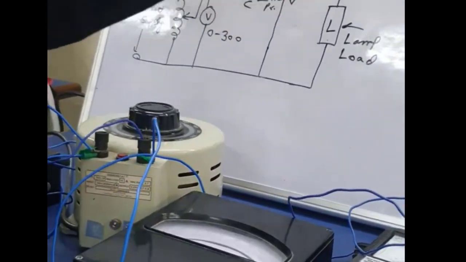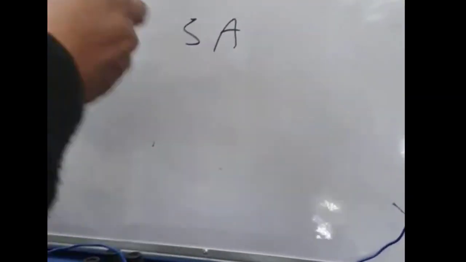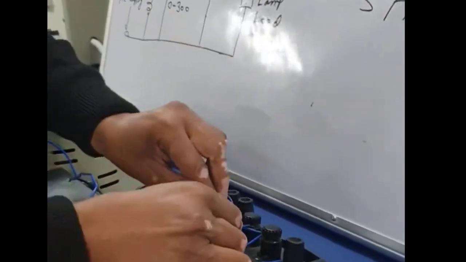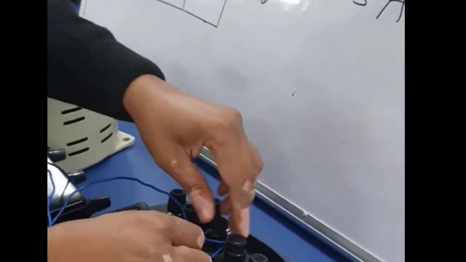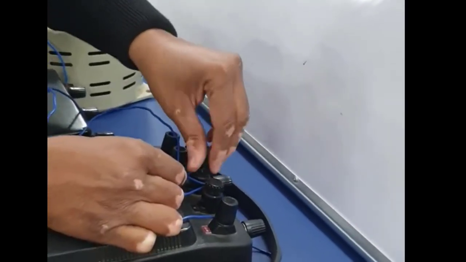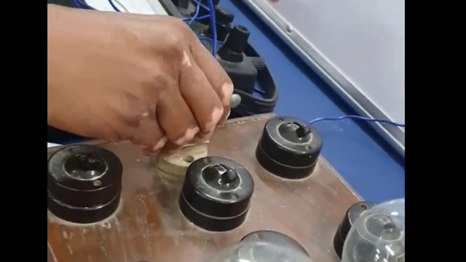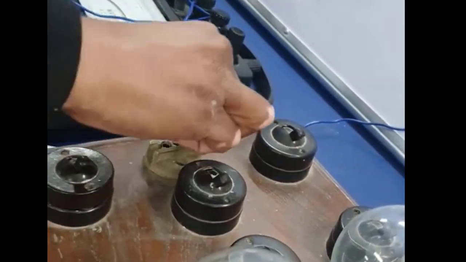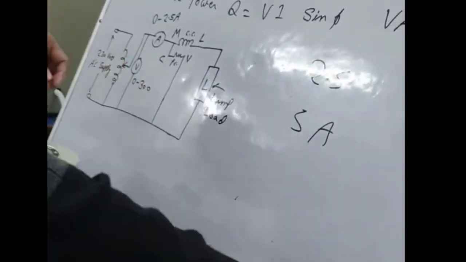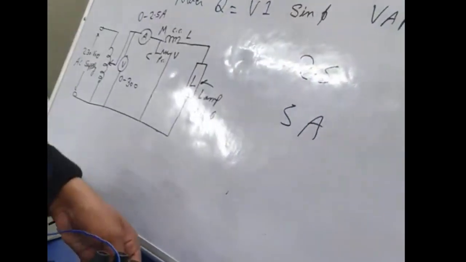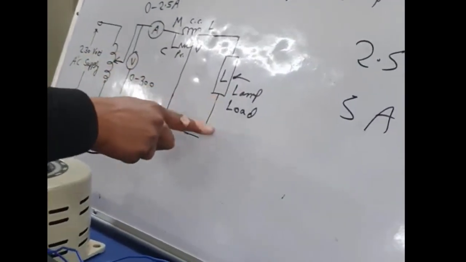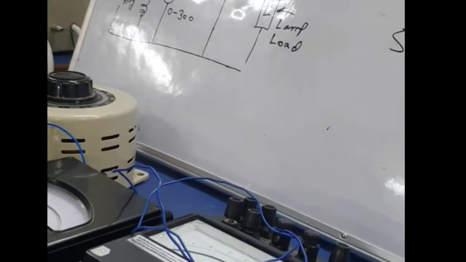Now go to the L terminals. This is the L terminal, and it is connected to the load. These are load terminals. And this second L terminal is going to the V terminals, and the V terminal is going to the auto transformer.